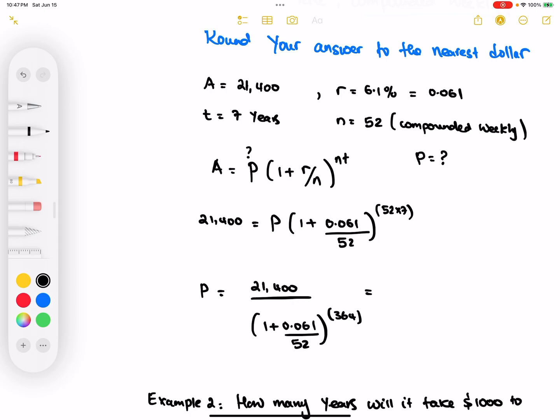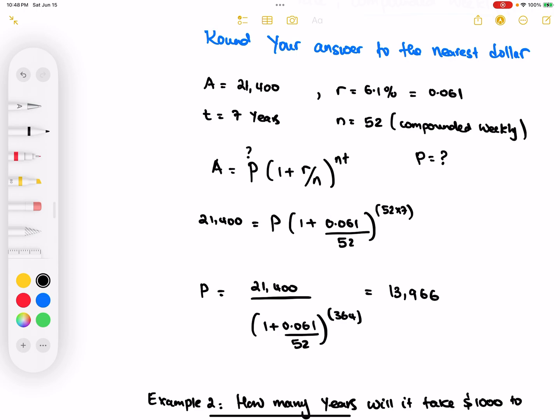Now make sure to use numbers carefully and plug in into your calculator. So 21,400 on top divided by, please open parentheses and put the other numbers: 1 plus 0.061 divided by 52, close the parentheses, use the exponent and multiply 364 and close the parentheses, and you will get the result. My result is 13,966.